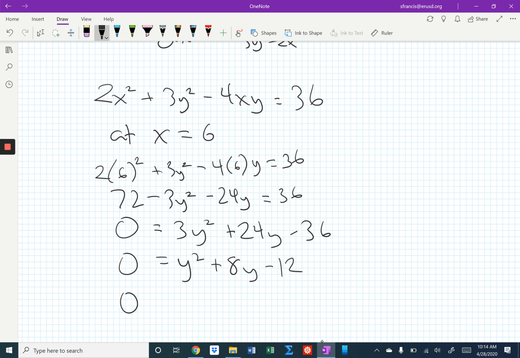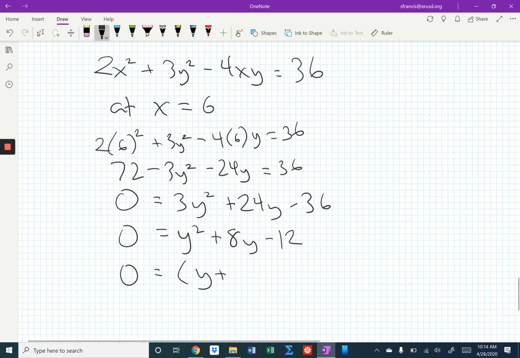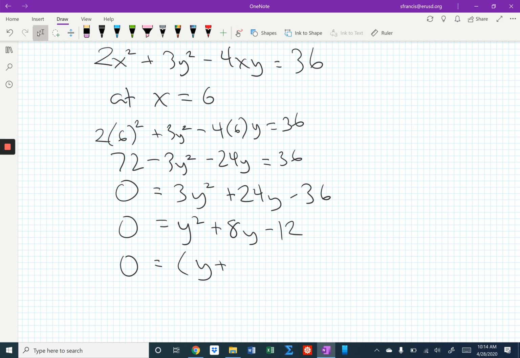Looks like this, and then factor. Did I make sure? It's got to be a 6 and 2. That doesn't seem to work, though. Let me go check for any mistakes. There it is. This should be a plus 3y squared.